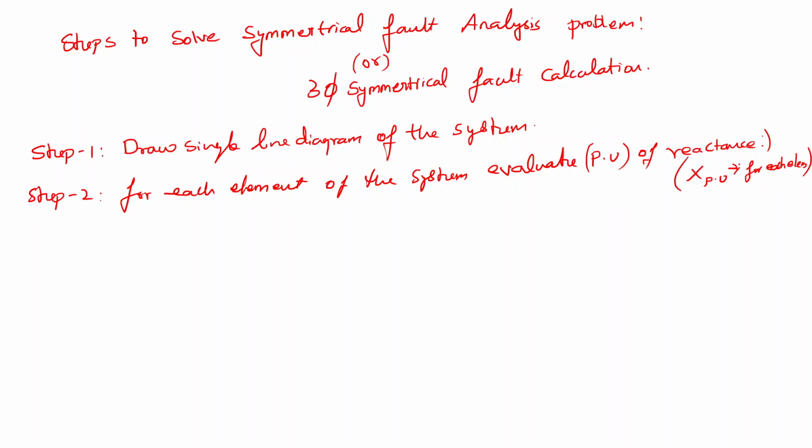For each and every element in the single line diagram, you need to evaluate the per unit reactance value. That is step 2.